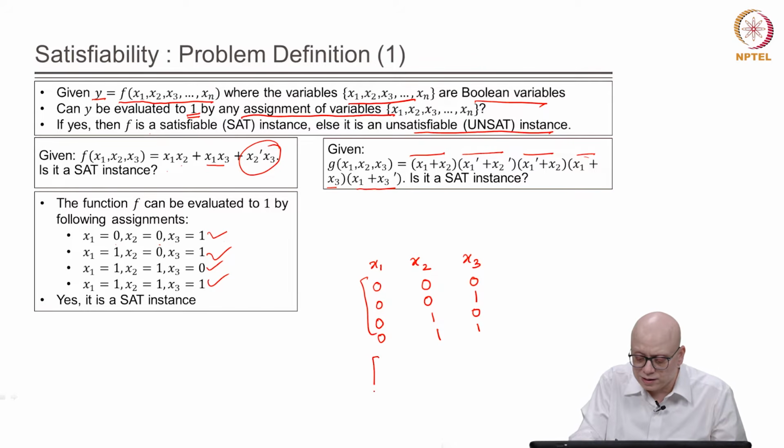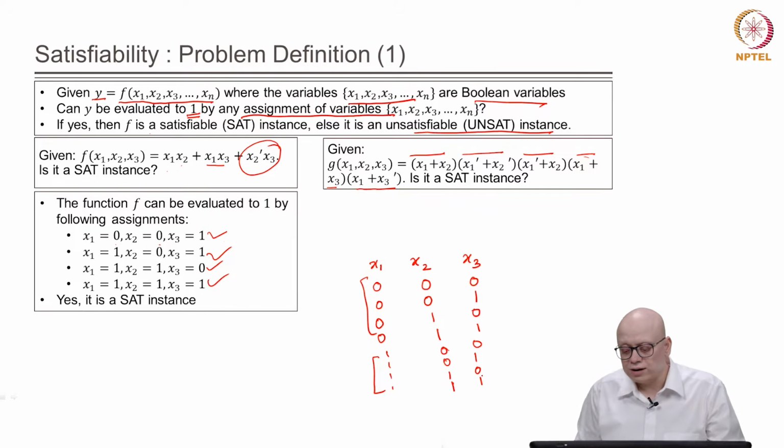Similarly, there will be 4 other cases in which x1 is 1, and x2, x3 will take 0 0, 0 1, 1 0 and 1 1. So, these are the 8 possible cases.